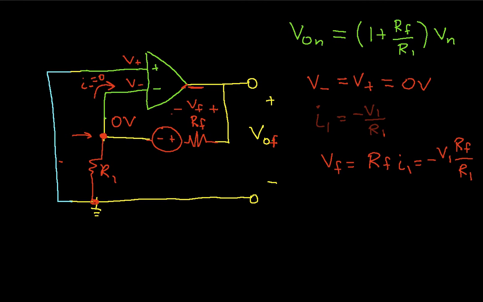Going back a minute, I'm sorry, the voltage VF across RF, and this again is for the case where we're looking at V1 being the only voltage source there, because this point here is 0 volts, means that V0F is equal to the voltage across RF, which in this case was minus V1 RF over R1.